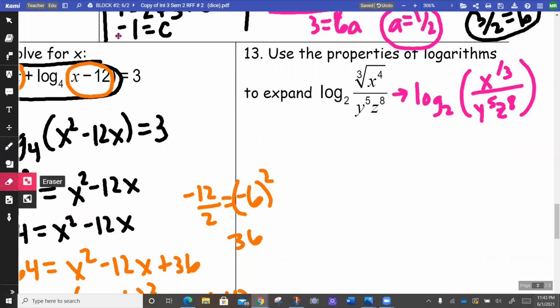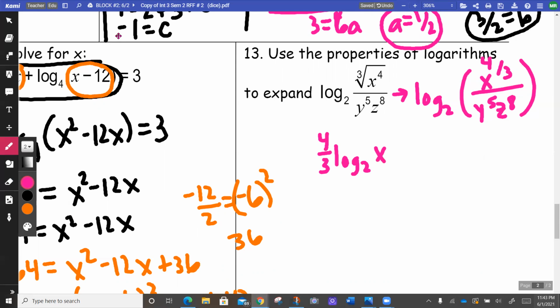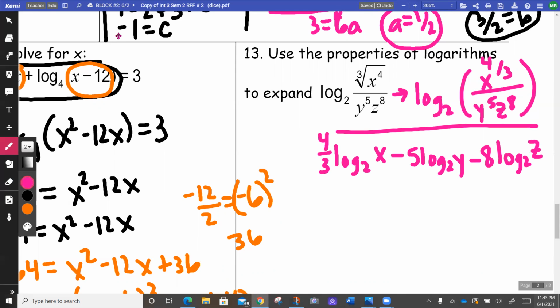Now when I'm taking log of something to a power, the power moves in front. So I can write this as 4 thirds log base 2 of x minus, because it's on the bottom, 5 log base 2 of y minus 8 log base 2 of z. And that is your answer.